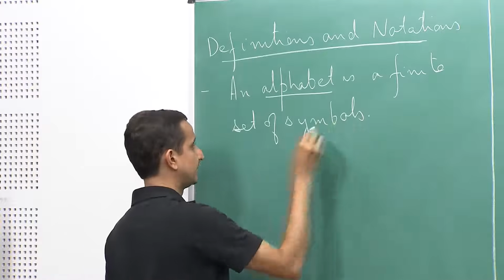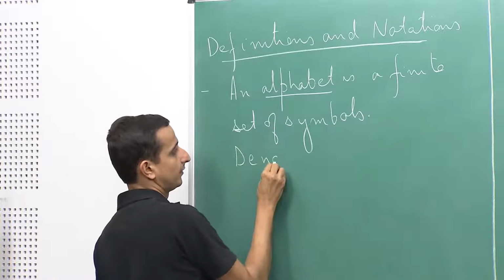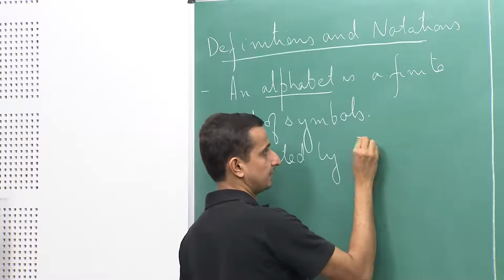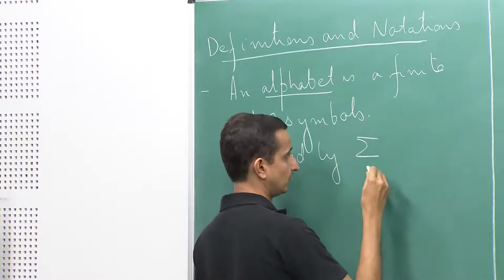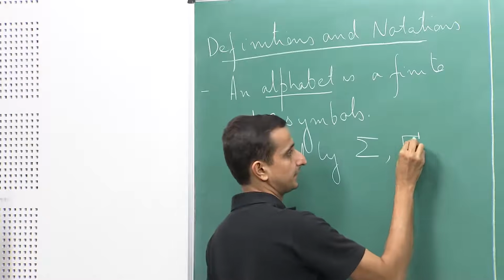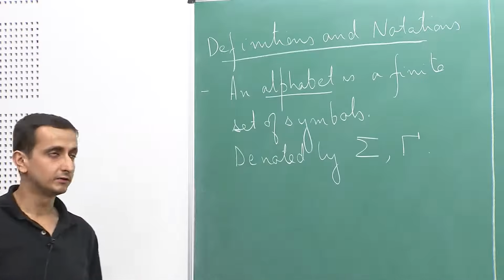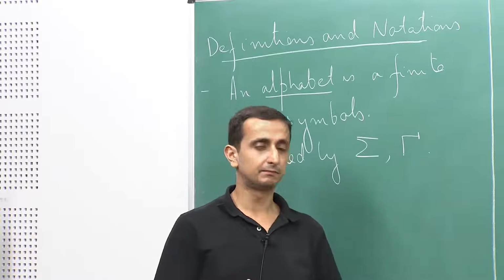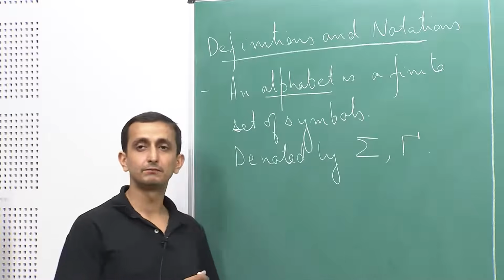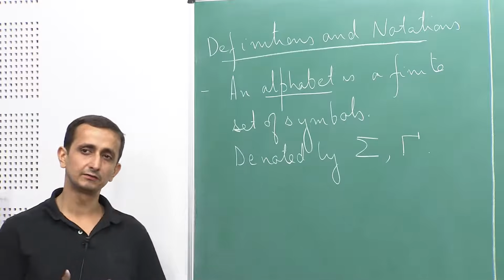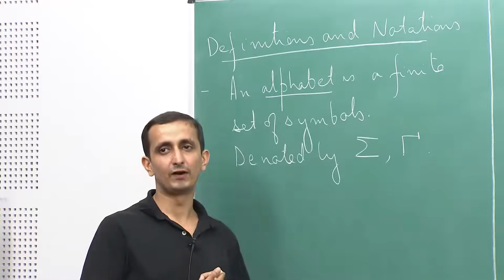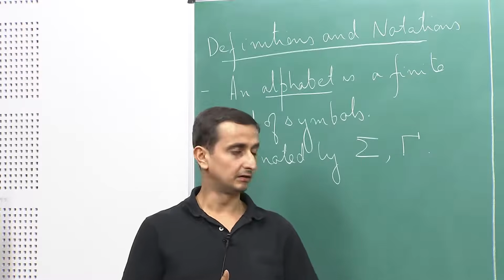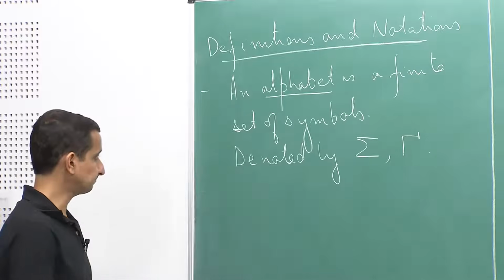This is usually denoted by the symbols capital sigma or capital gamma. So it is a finite set containing symbols. So a very common example is the binary alphabet consisting of two symbols, let's say 0 and 1. Okay, or you can have more than two symbols and so on.